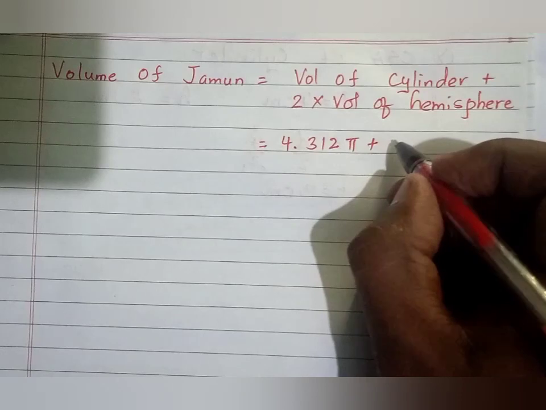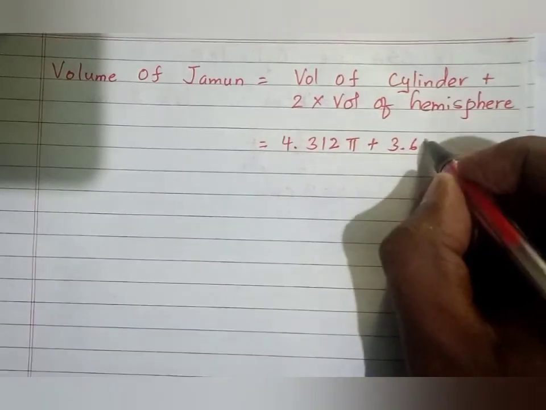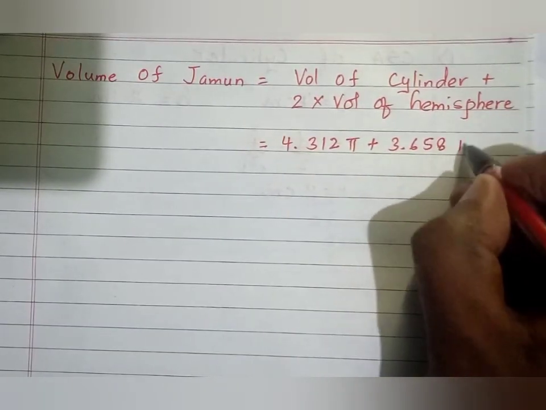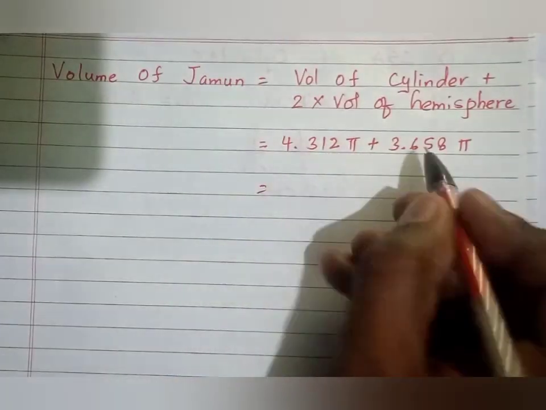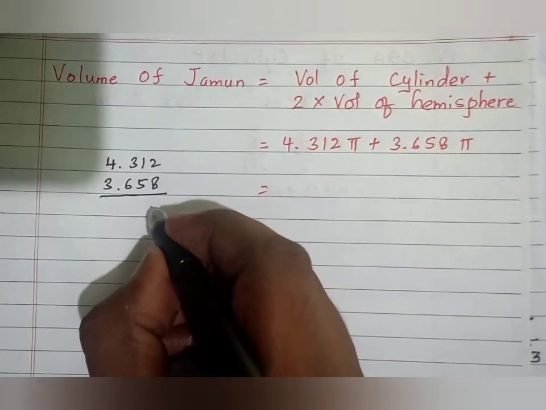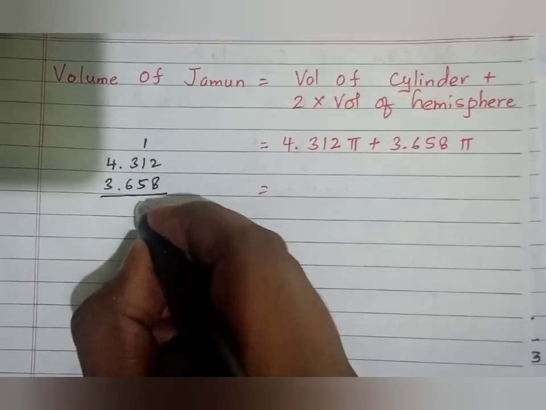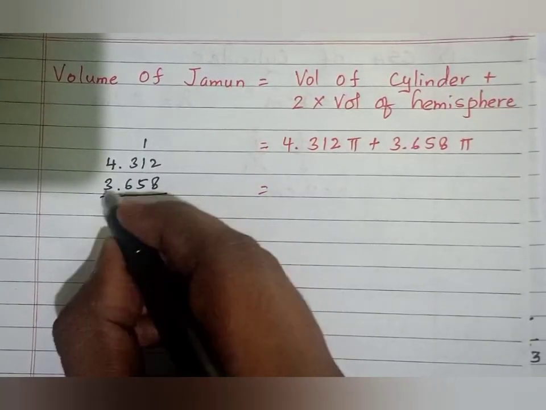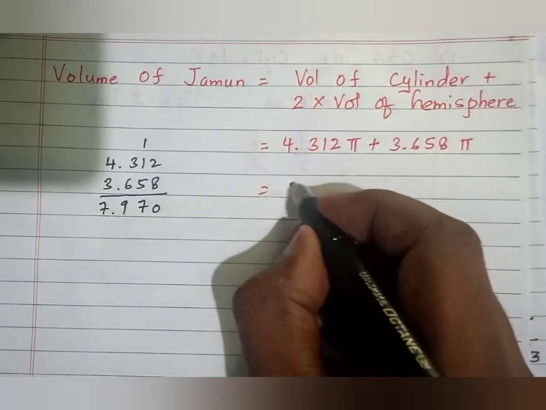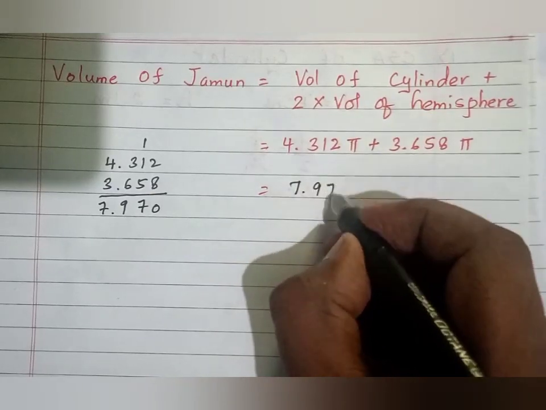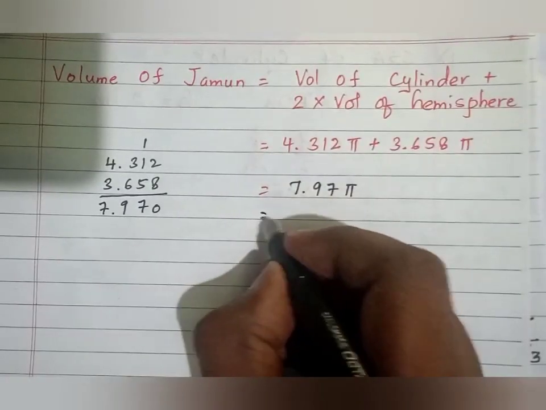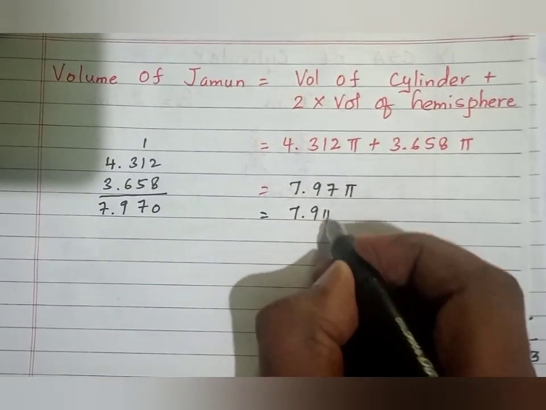Now 2 times the volume of hemisphere was 3.658 pi. Now add these two, to get 7.97 pi.